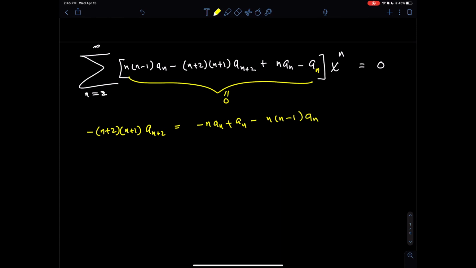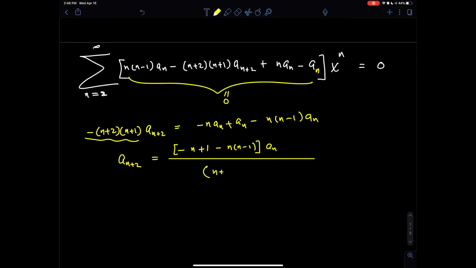Now I just divide everything by the coefficient of a n plus 2, and I can clean up the right side as well. So my a n plus 2 will be, if I write a fraction line here, minus n plus 1 minus n times n minus 1, and then multiplied by an, and all that is divided by n plus 2, n plus 1 with a minus.